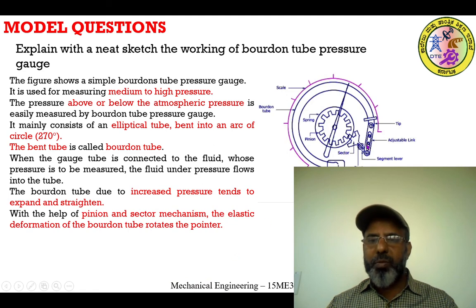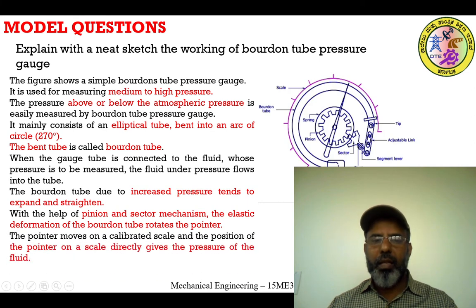With the help of the pinion and sector mechanism, the elastic deformation of the Bourdon tube rotates the pointer attached to the pinion, and the pointer moves on a calibrated scale, and the position of the pointer on the scale directly gives the pressure of the fluid.